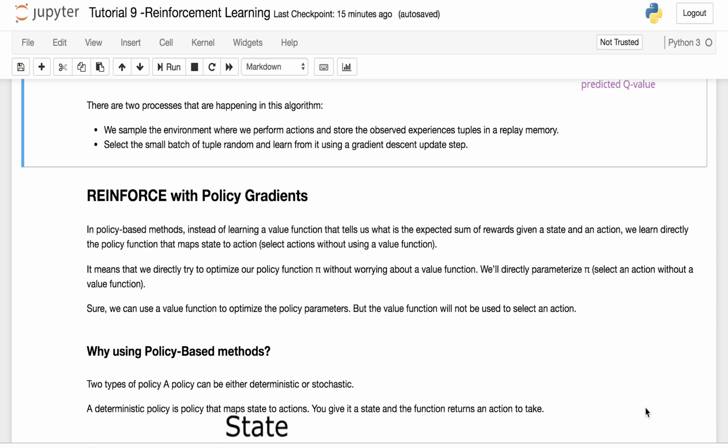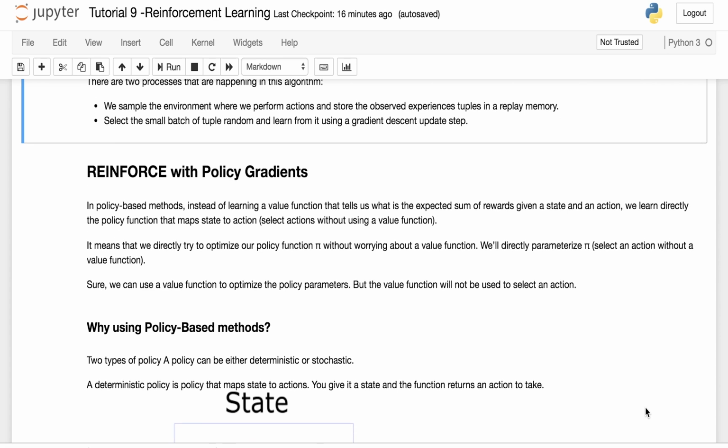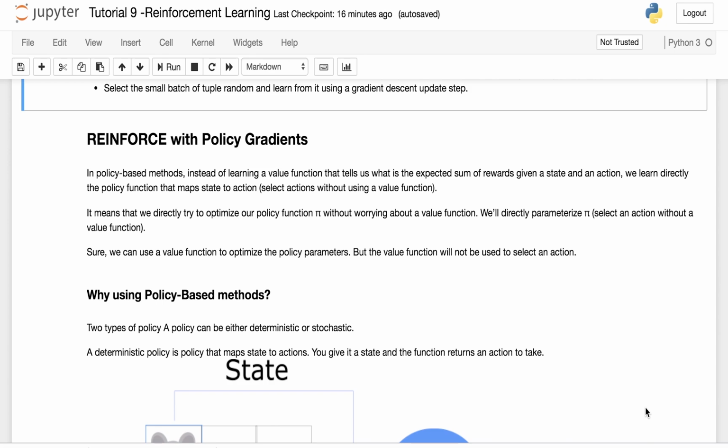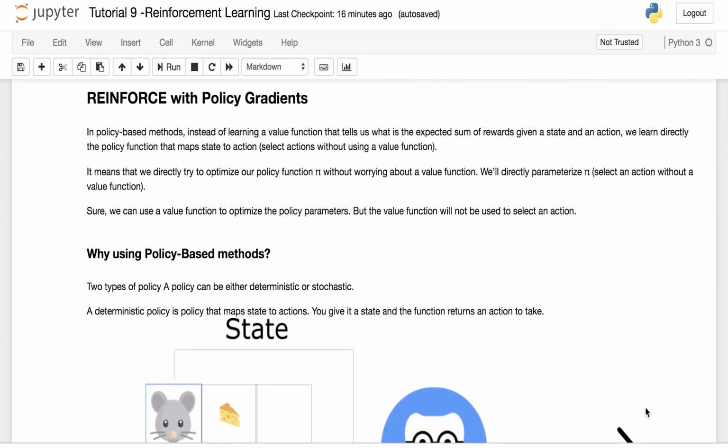We use Monte Carlo approximation for finding this pi star. Of course, it's a greedy algorithm, so it has the bottlenecks of a greedy algorithm: it converges very slowly. Great. The first policy-based algorithm that we will talk about is REINFORCE with policy gradients.